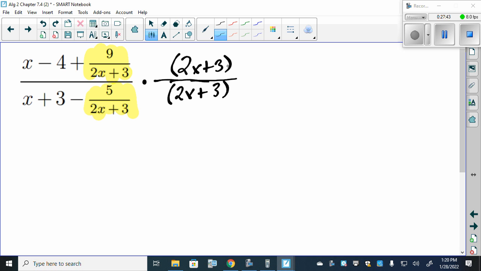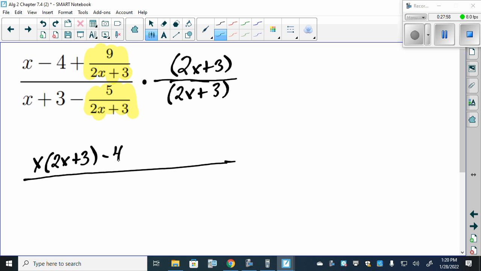Now we will multiply each term in the numerator and denominator by 2x plus 3. So for the first, we'll have x times 2x plus 3 minus 4 times 2x plus 3 plus 9 times 2x plus 3 over 2x plus 3.